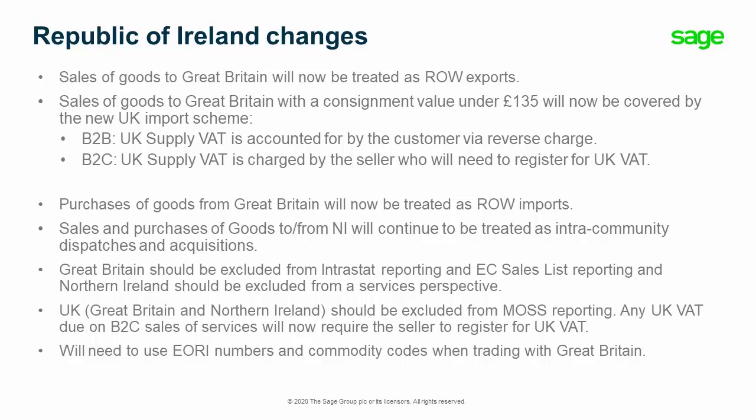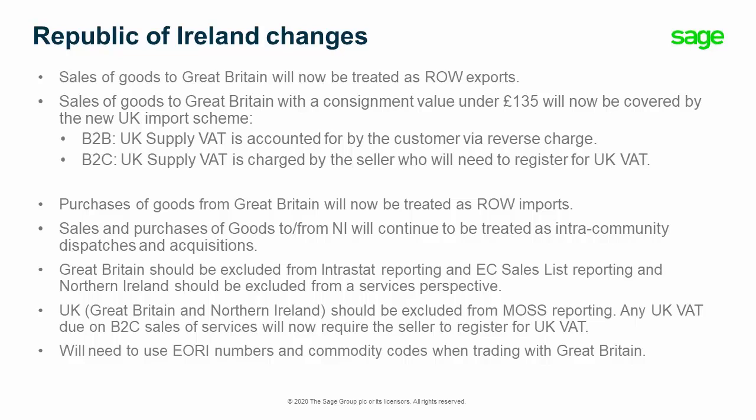And sales and purchases of goods to or from Northern Ireland will continue to be treated as intra-community dispatches and acquisitions. But you'll need to use the new XI country code to reflect these transactions on supplementary reporting and use the XI VAT registration for your Northern Ireland customers and suppliers.